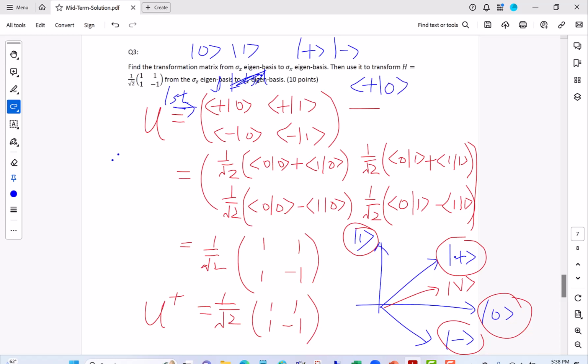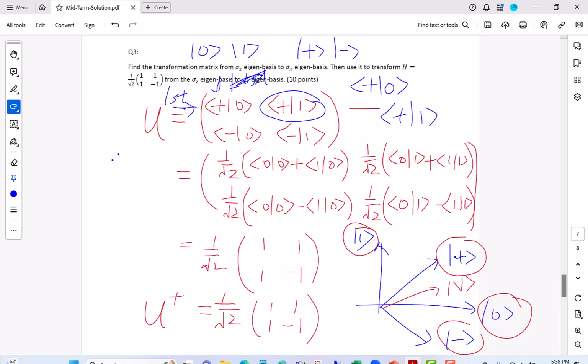That's why I have plus inner product with 0. How about this term? It is the first basis of the new basis, so it is plus, inner product with the second basis vector of the old basis, which is 1.